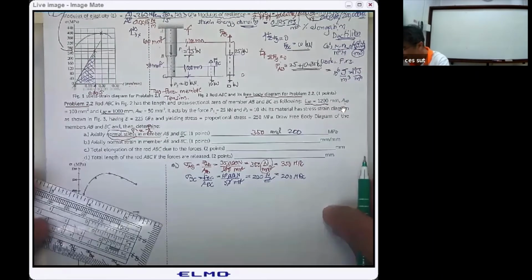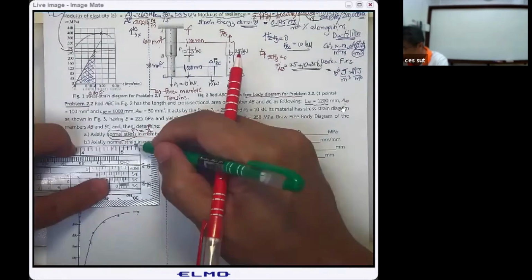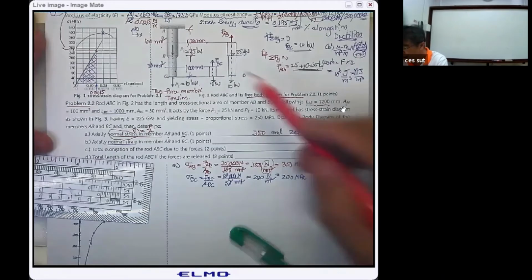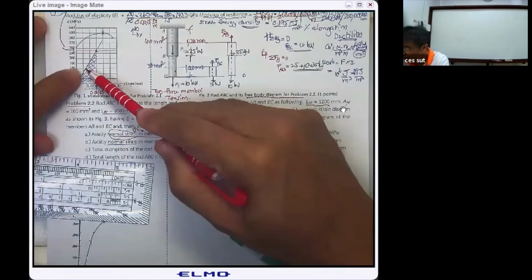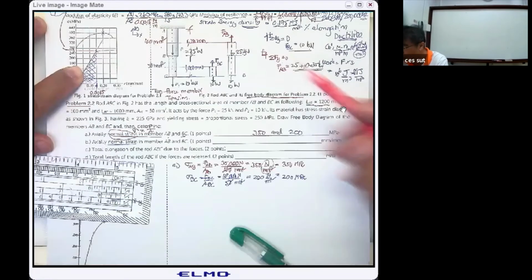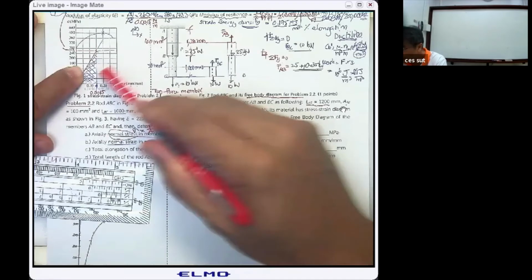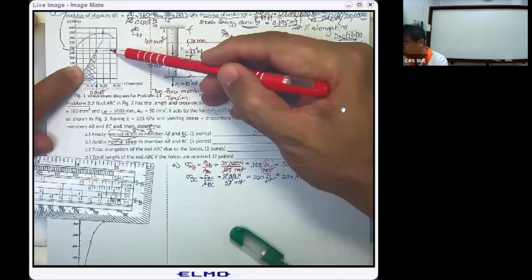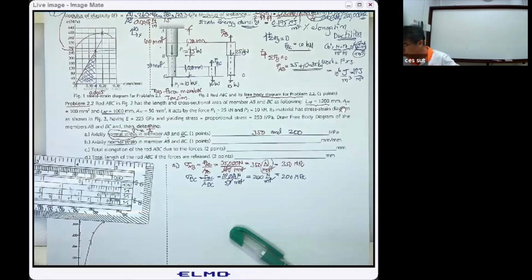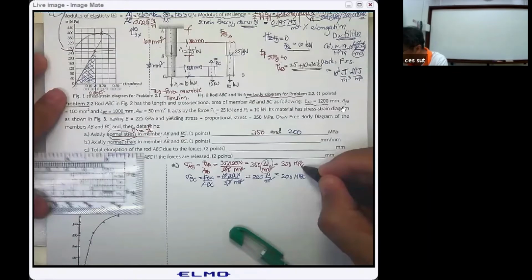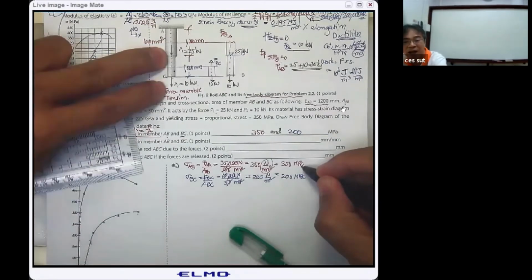Okay. Next, they ask us to determine the normal strain. And as I did mention, in this portion, the stress is proportional to the strain by Hooke's law. However, if the behavior goes to the plastic portion, the stress won't be proportional to the strain. By doing this, it is required for us to check the behavior of the material under the application of the force.